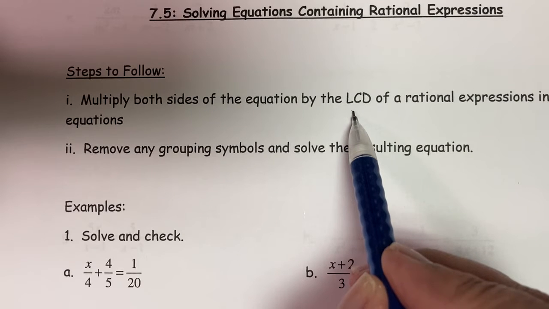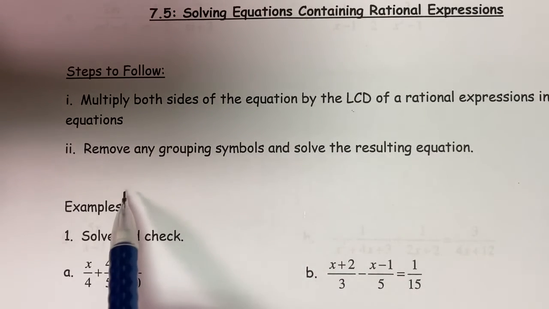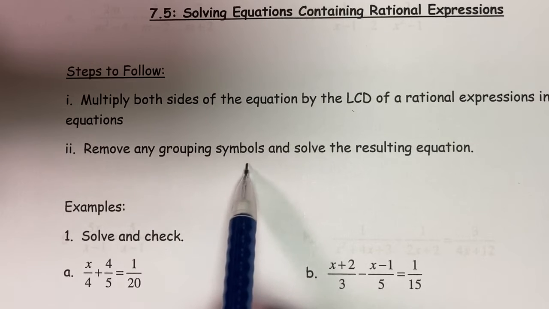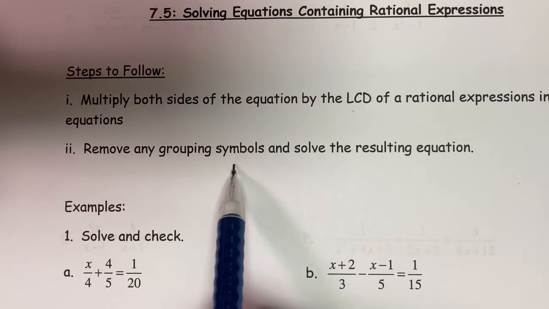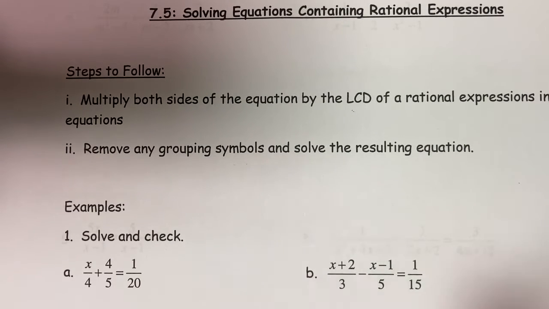And what this is going to do is eliminate the fractions for us. Once we are done eliminating the fractions, then we'll of course go on and use all of our steps that we know for solving equations, remove the grouping symbols using distribution, and then solve the resulting equation.